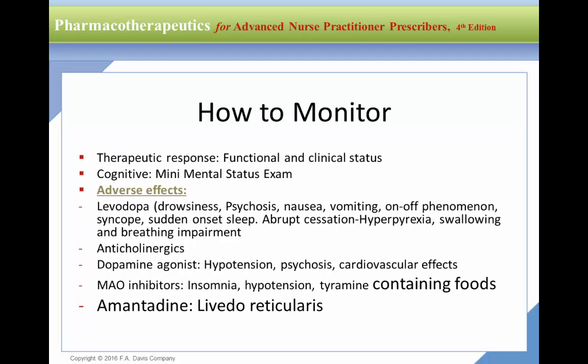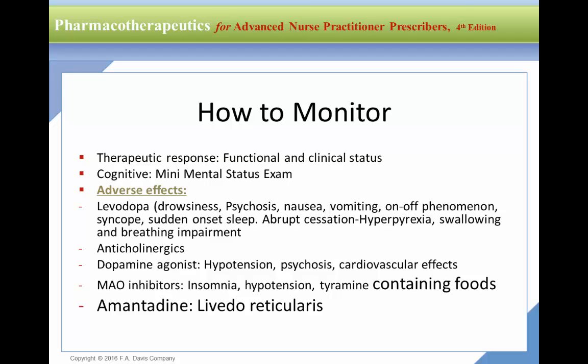So what do you need to monitor? Of course, the mini-mental examination, because many patients with Parkinson's disease will go into dementia. You have to monitor the signs and symptoms of withdrawal, signs and symptoms of anticholinergic effects, signs and symptoms of on and off phenomenon. Remember that these medications could also give you serotonin syndrome, so you must monitor that.